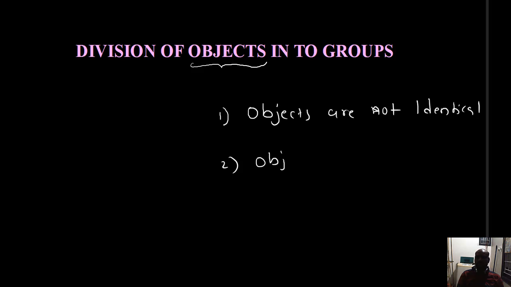First of all, objects are not identical. This is one case. The second case is objects are identical. How to divide objects into some groups when they are not identical? That is case 1.